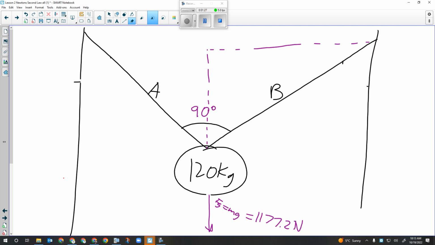for each cable. Okay? The vertical component for each one of these cables is going to be half of this number, which should be 588.6. Is that right? 588.6.